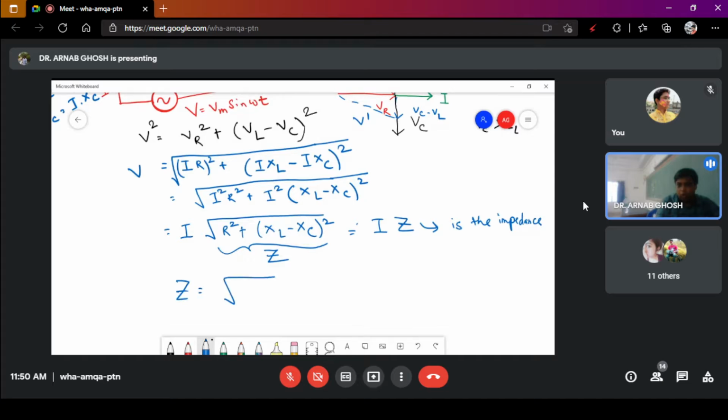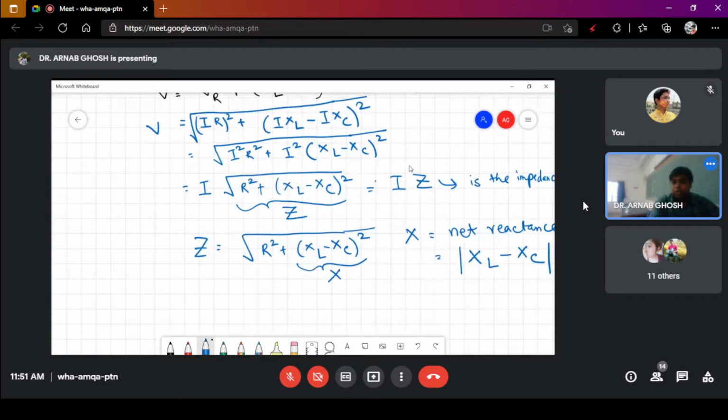Z is equal to root of R square plus XL minus XC whole square. We can represent this as simple X, where X is nothing but the net reactance, which we write as mod of XL minus XC. Why are we writing mod? Because XC can be greater than XL or XL can be greater than XC. So we write the net reactance as mod of XL minus XC.